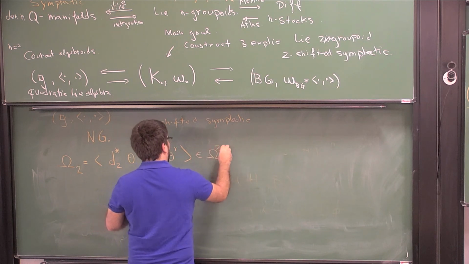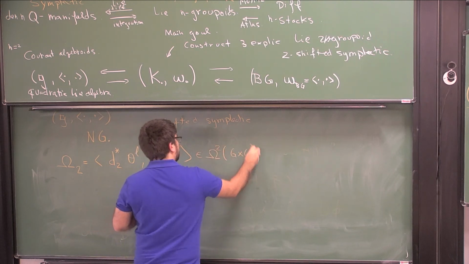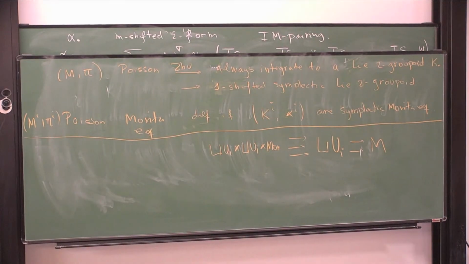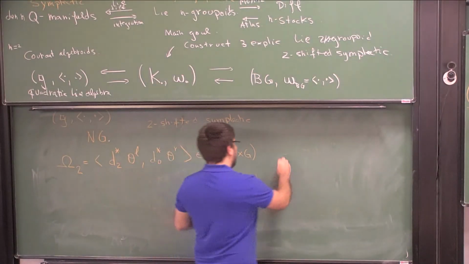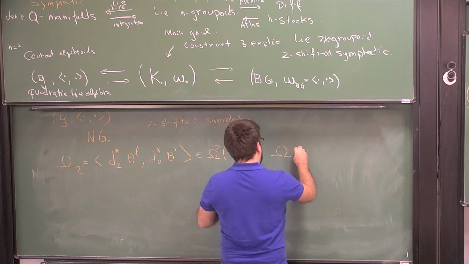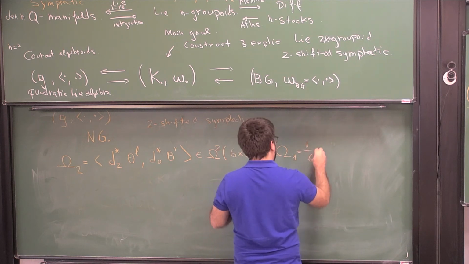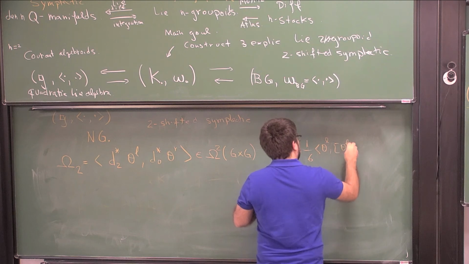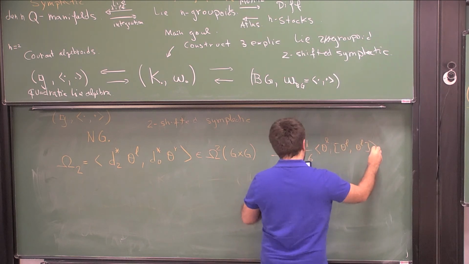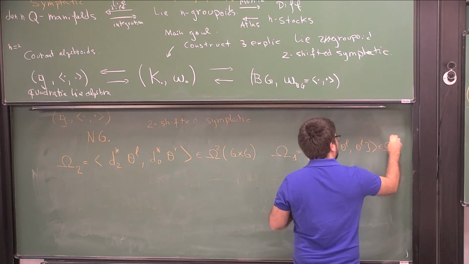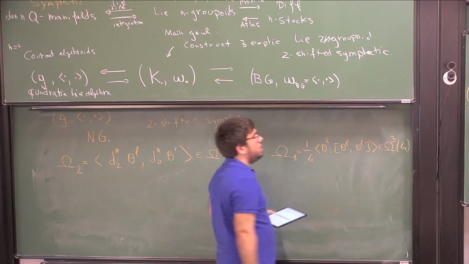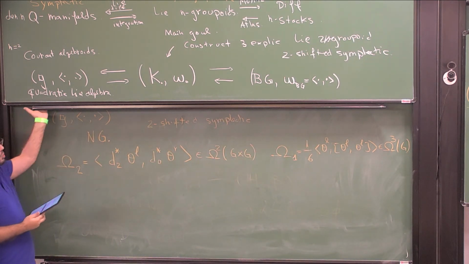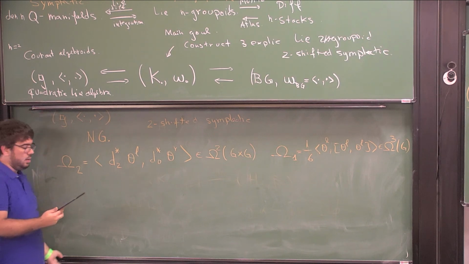So this is a 2-form on G times G, and then I use the pairing on the Lie algebra to construct it. And on level 1, I put this 3-form, that is the Cartan 3-form, theta left, theta left, just a 3-form on G. And this is a two-shifted symplectic groupoid. This basically goes back to Bursztyn and Weinstein, this definition.